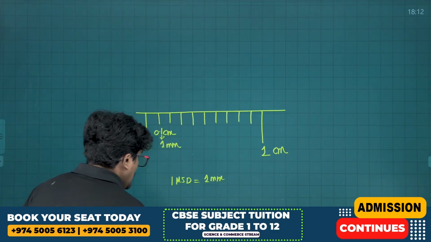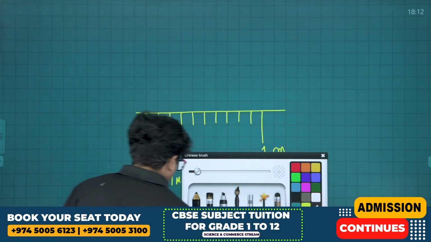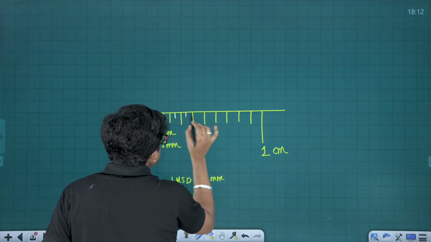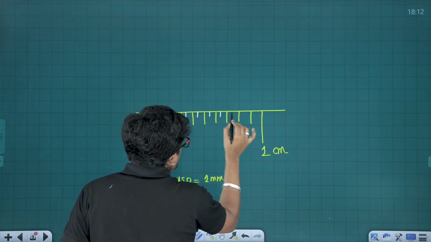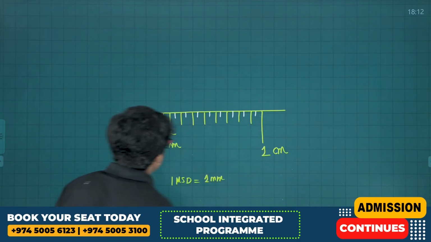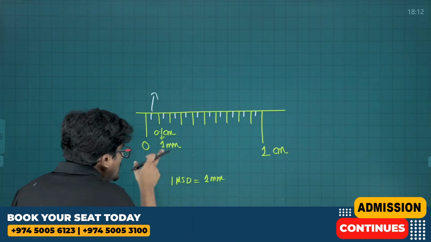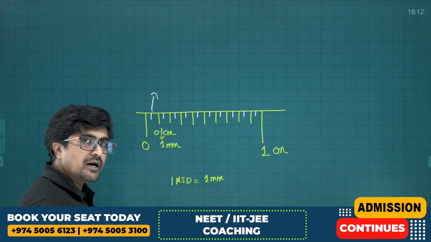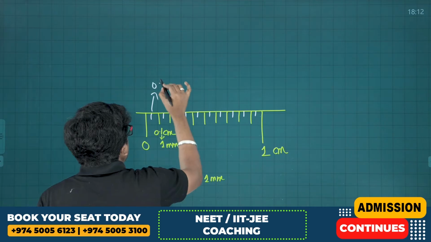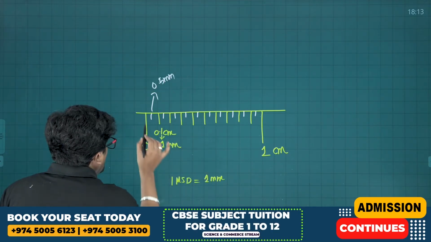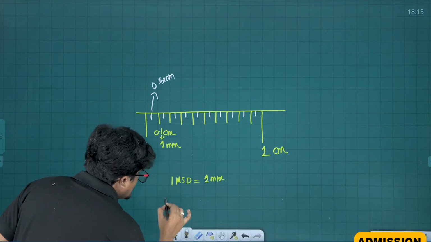Okay, now consider a situation where I am going to further divide it like this. Now what is this reading? This reading is 1 mm divided by 2, that is 0.5 mm. Are you getting me? Now this is the new value of 1 MSD.